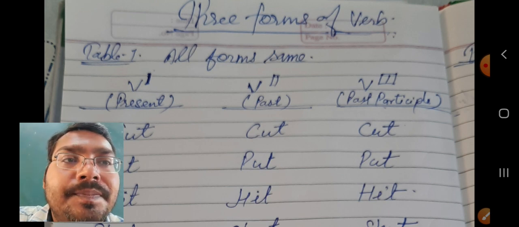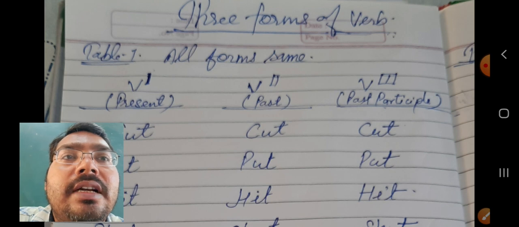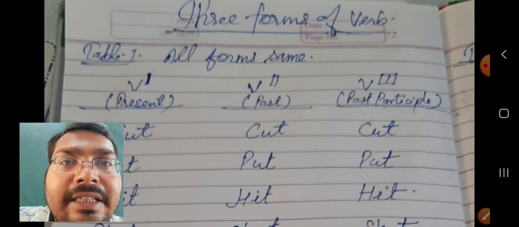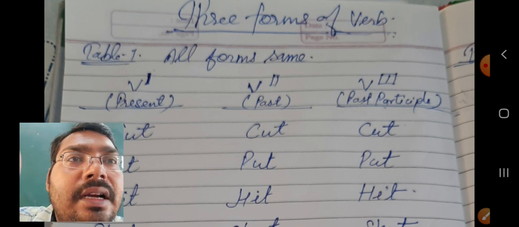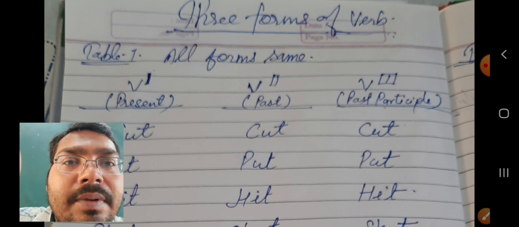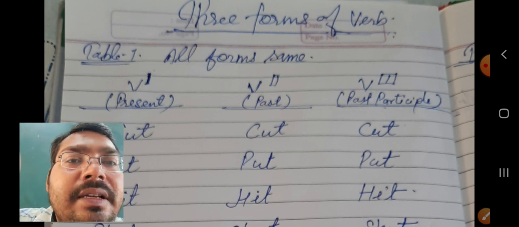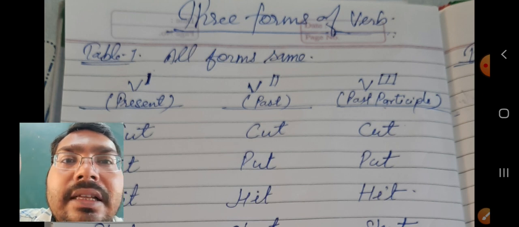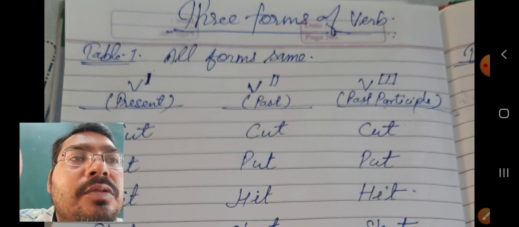I'm going to start a new topic, tenses. And before I start that topic, let me introduce you to another important topic, that is three forms of verb.